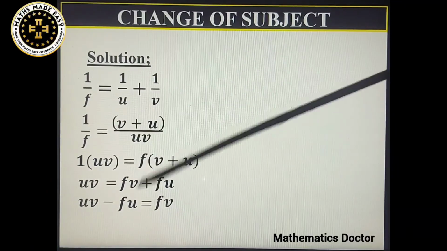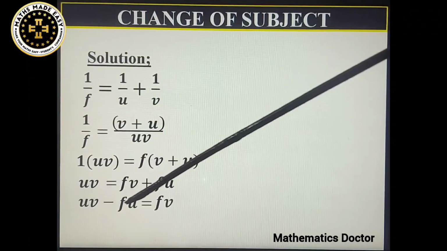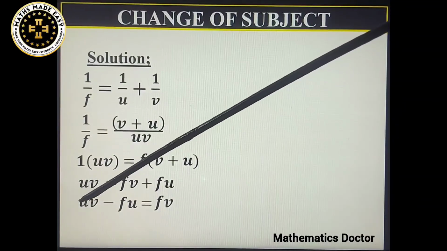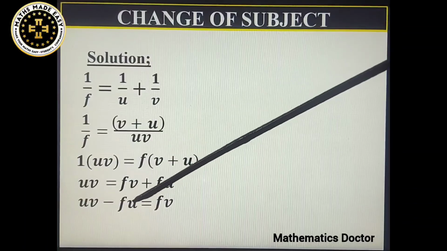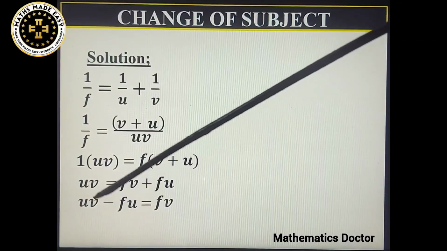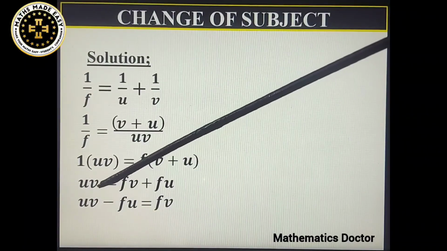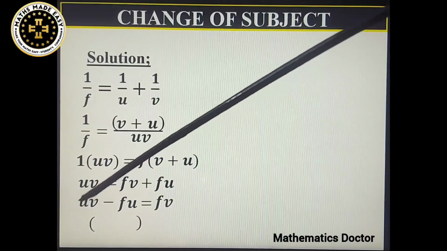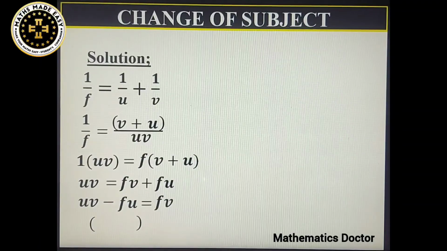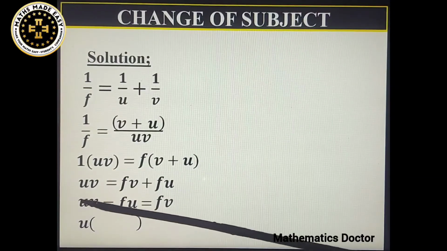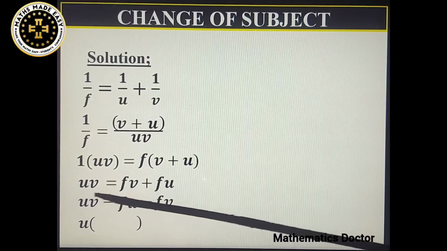Now at this point, let us factorize u out, since u is in uv and u is still in minus fu. So we factorize u out to get a single term for the u. Now let us do that. Now bring your brackets whilst you are factorizing out. Now u will come out. Now when u comes out, you bring the u. u is now going to divide or cancel out the u in the terms.